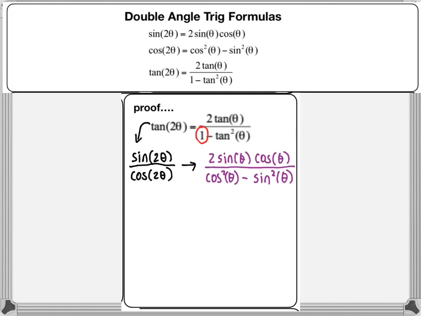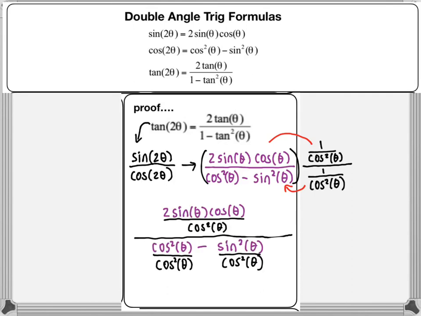Like this one is in the same position as this cosine squared here. So how do I get a cosine squared to look like a 1? Well, can I multiply the top and the bottom by 1 over cosine squared? So let's do that. We're going to multiply the top and the bottom by this, distributing it into each one of these and rewriting it down below.